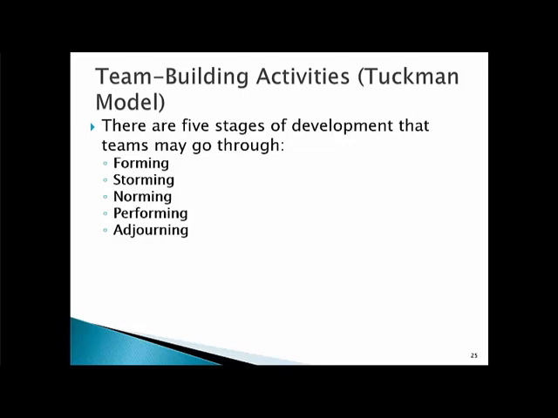Storming is the phase where the team starts addressing project activities and technical issues. Norming is the phase where the team works together and adjusts work habits and behaviors to support the team. Performing is the phase where team members work through issues smoothly and effectively, and adjourning is the phase where the team completes the work and moves on from the project to another one.